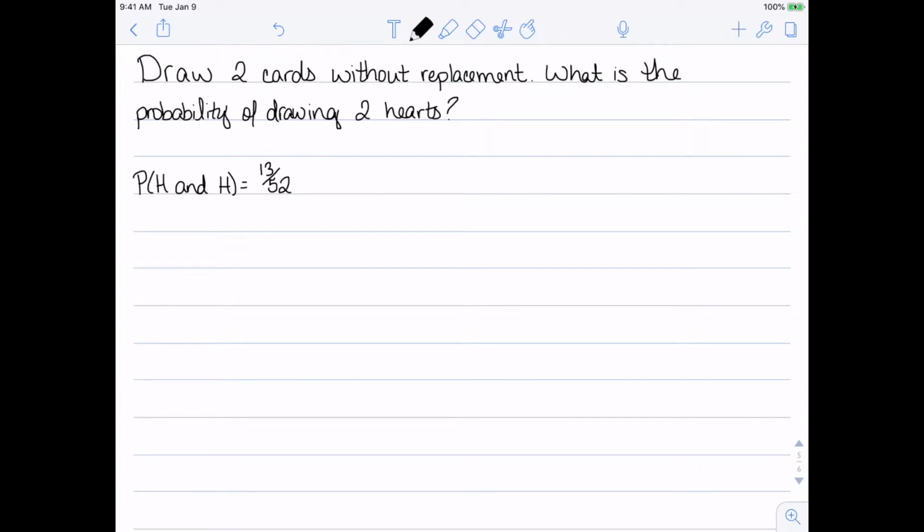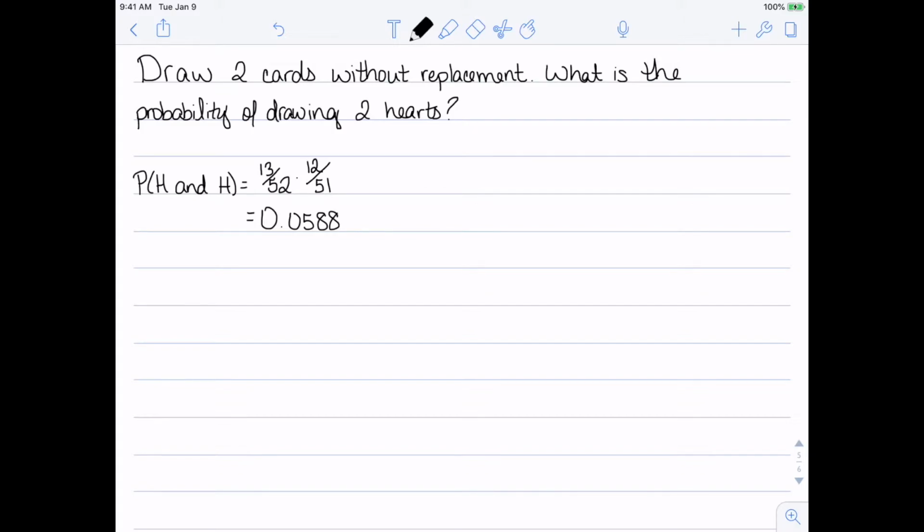So there's no longer 52 cards, there's 51 cards. In addition, when we do this, we assume the first card was drawn exactly like we wanted it to be. So we're going to assume that that first card was a hearts that was drawn. So now there's no longer 13 hearts in the deck, there's 12 since we've removed one. So we just multiply 13 over 52 times 12 over 51. And that gives us a probability of about 0.0588.